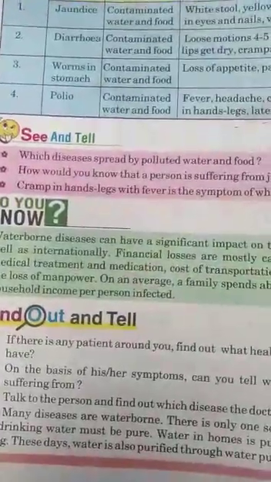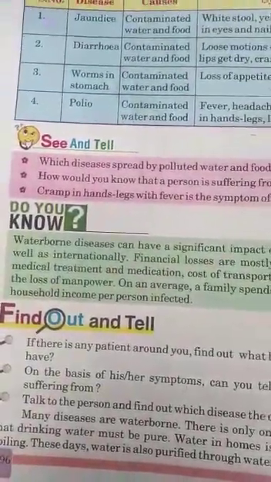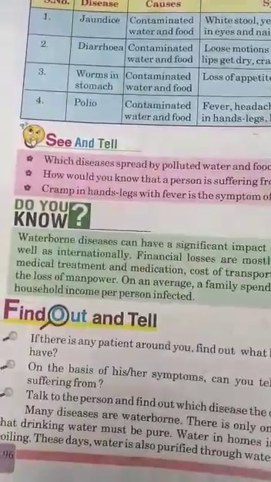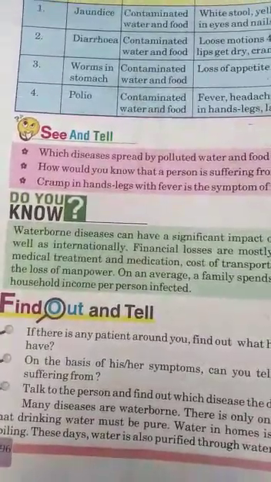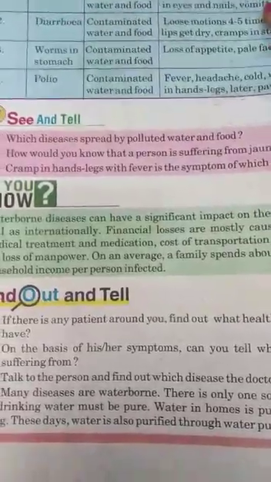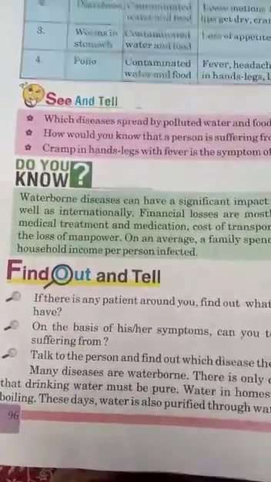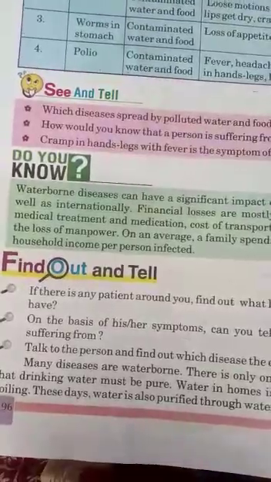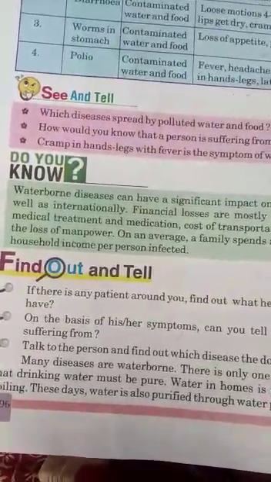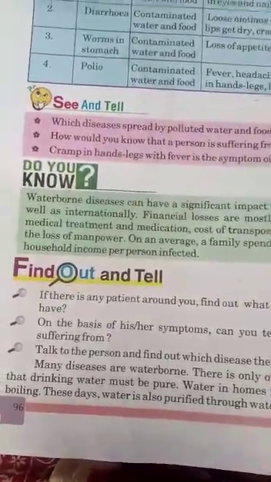So waterborne diseases can have a significant effect on the economy also. We should not allow stagnant or dirty water around us. Many diseases are waterborne, so there is only one solution to prevent them: drinking water must be pure, and water in homes is purified by straining and boiling.